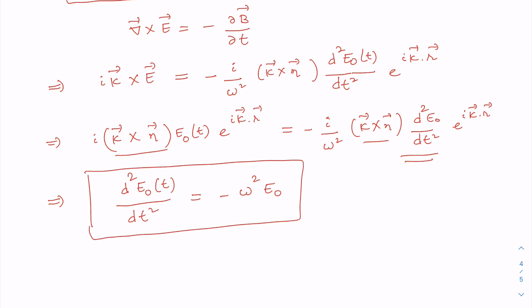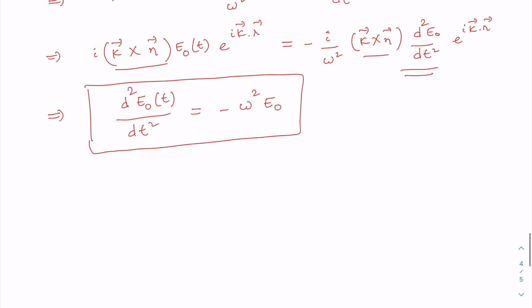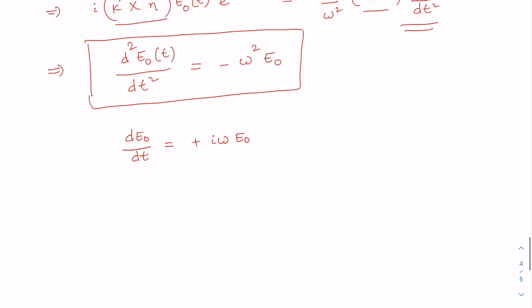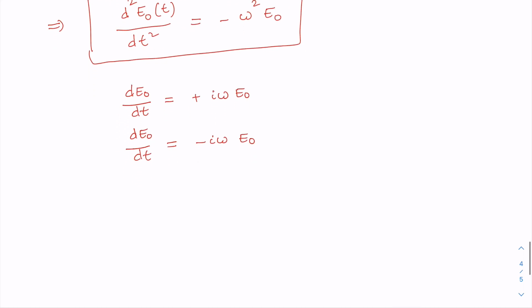This equation is equivalent to two first order differential equations. They are dE0 dt is equal to plus I omega E0, and dE0 dt is equal to minus I omega E0. You can see that the solutions of these equations are oscillatory.